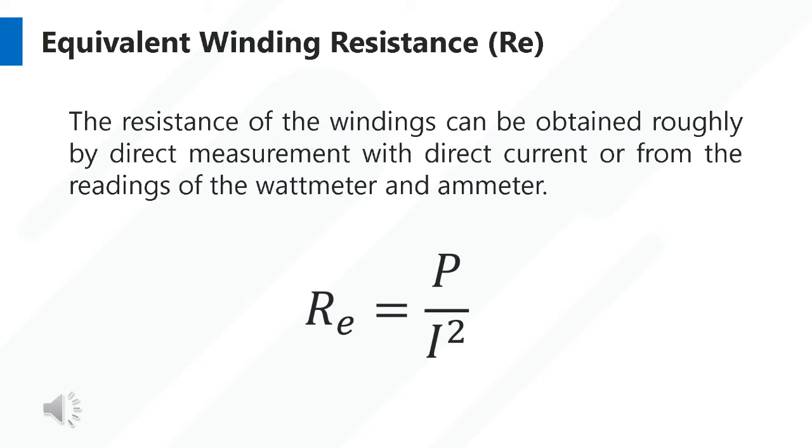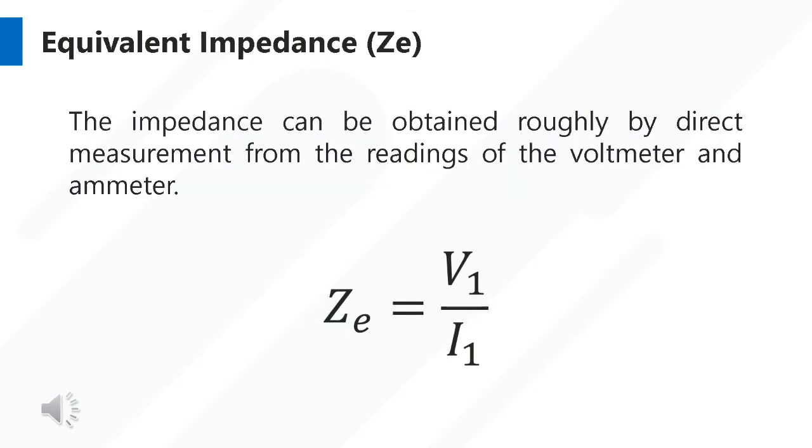So, malalaman natin yung equivalent winding resistance by the help of wattmeter and ammeter. Kasi yung formula is RE is equal to the power over I squared. So, yung power natin, malalaman natin sa sinasabi ng wattmeter natin, while the current is yung sinasabi naman ng ammeter natin.